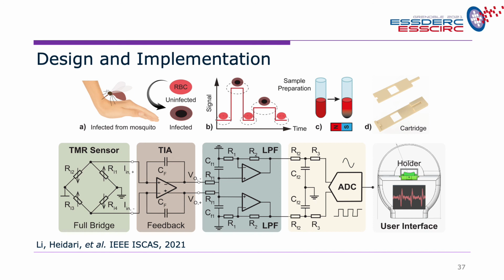The TMR sensors were configured in a full Wheatstone bridge, and then amplified using a transimpedance amplifier with low pass filters, and then digitized to show using a portable user interface. The work was recently presented at ESSCIRC.